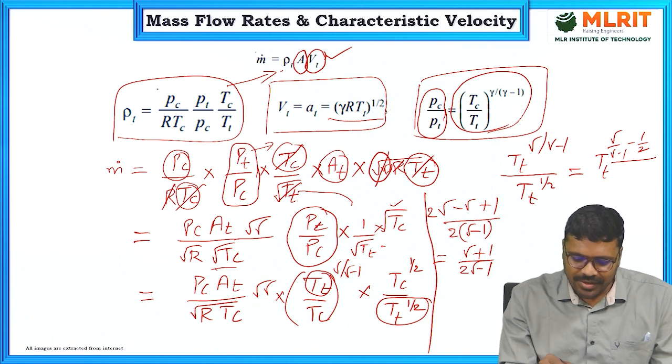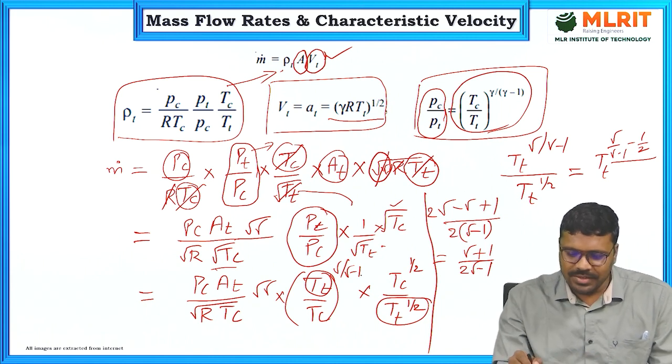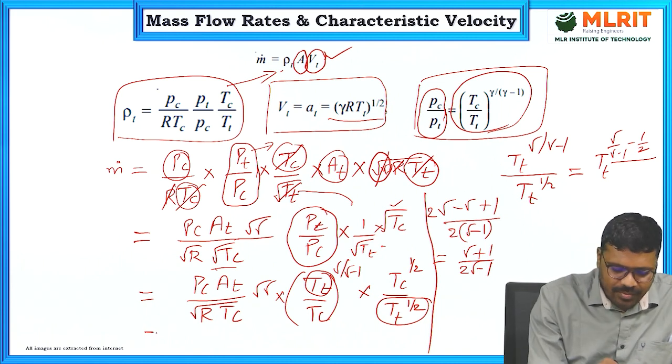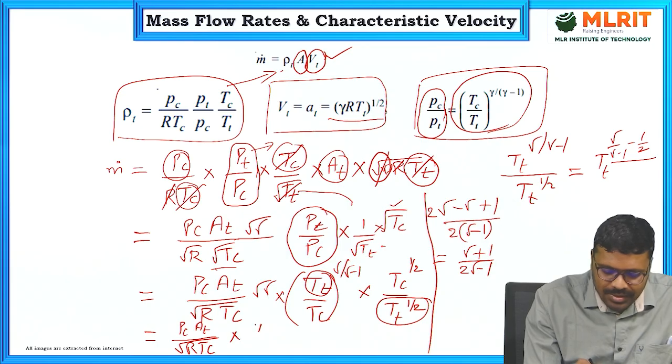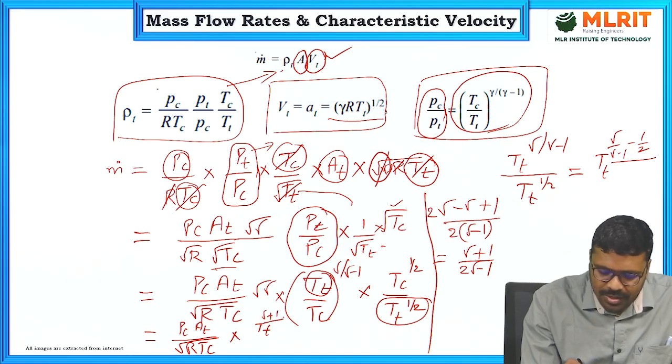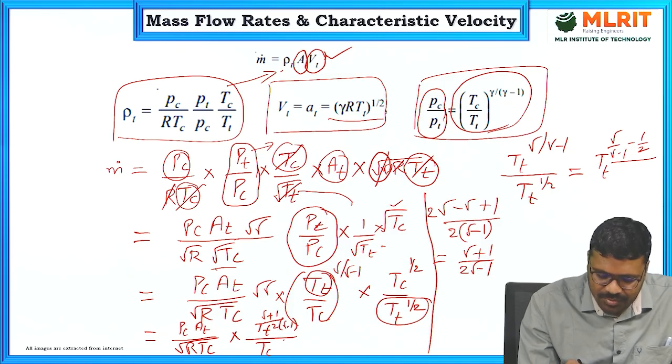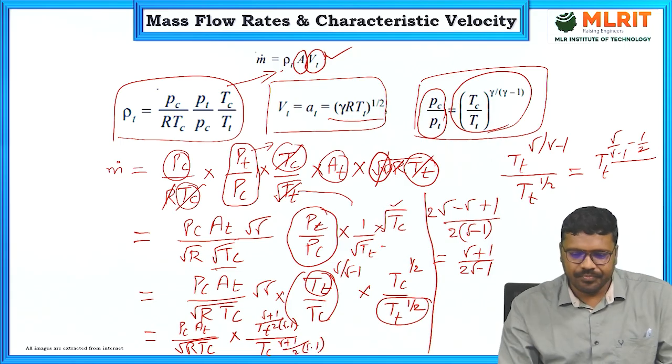So the equation will become Pc into At divided by under root R Tc into Tt power gamma plus 1 by 2 into gamma minus 1. The same way we can write for Tc also, Tc power gamma plus 1 divided by 2 into gamma minus 1.